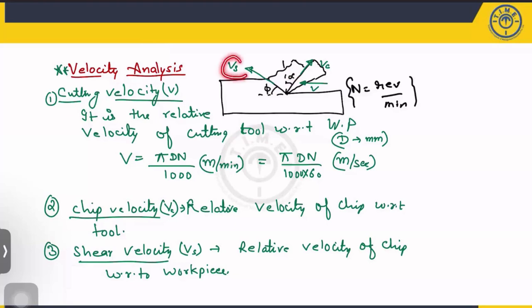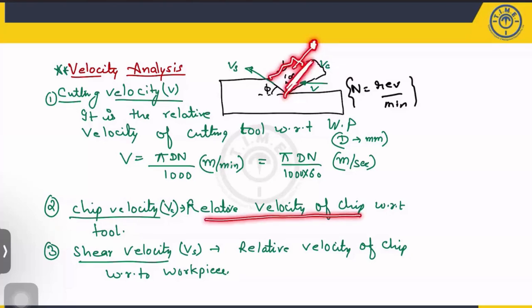First of all, what is the shear velocity? Shear velocity is the velocity of chip relative to the shear plane, or the workpiece. This is the workpiece only, no? Chip velocity is nothing but the relative velocity of chip with respect to tool, because the chip is moving in this direction. So the chip velocity means how the chip is making contact with this tool.